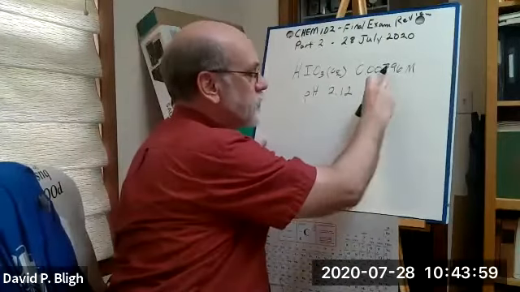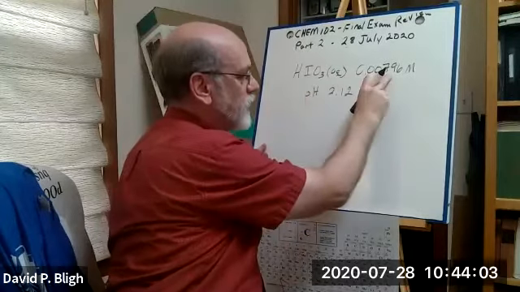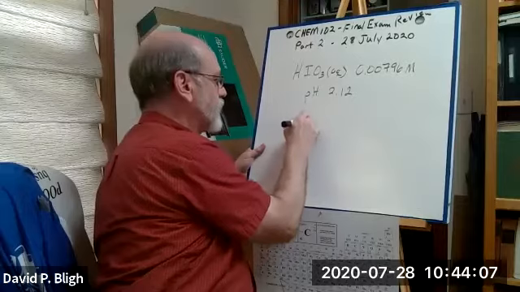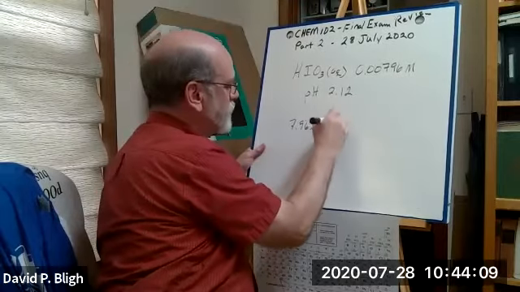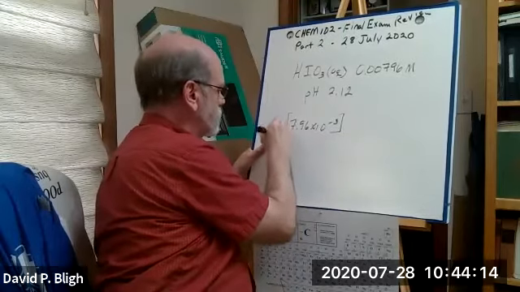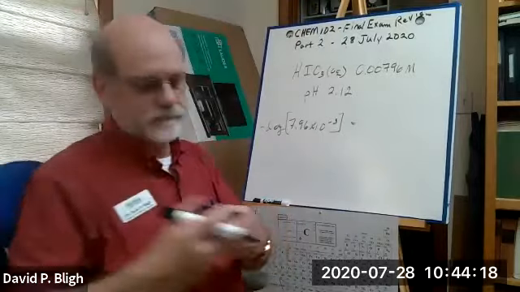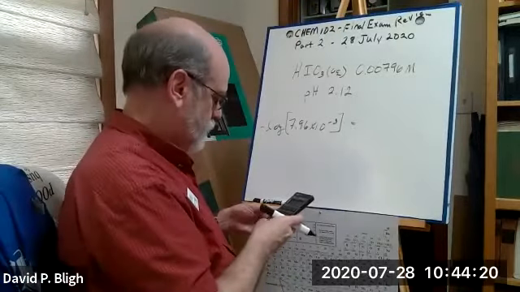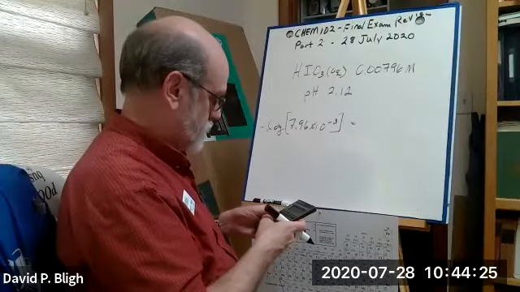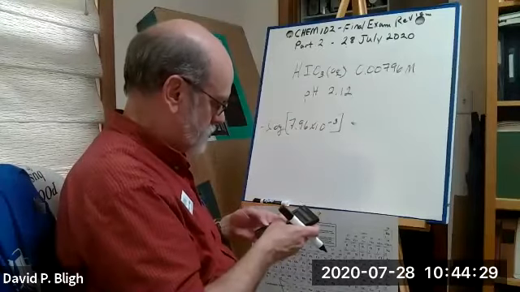Right? You take the molarity here, since this is one hydrogen for that molarity, this would also be the concentration of hydrogen ions. So 7.96 times 10 to the minus 3, negative log of that. Let's just see what it would be. 7.96 exponent, change the sign, and then we'll take the log of that and then change the sign.